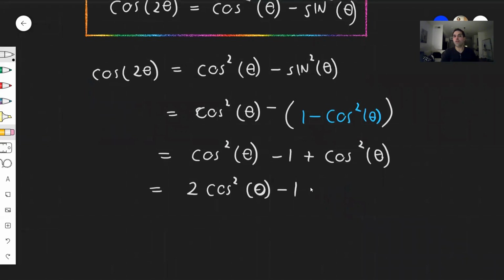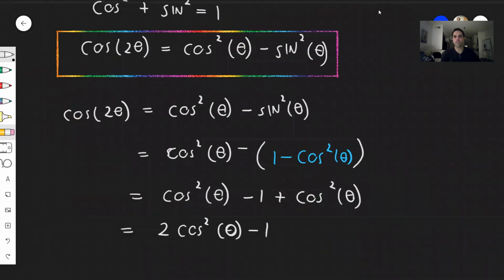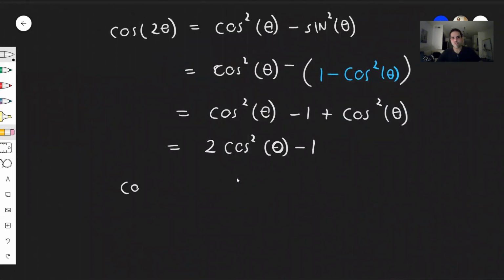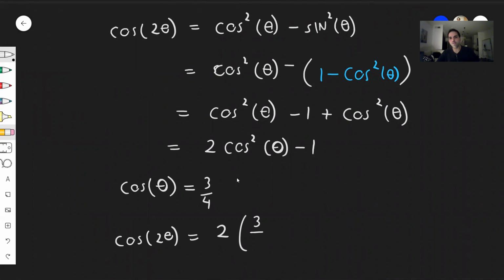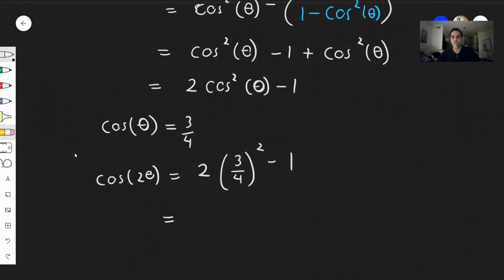But great, so how does that solve the problem? Well, remember cosine of theta was 3/4, so you just plug this in. Cosine of 2 theta equals 2 cosine squared of theta minus 1, so 2 times 3/4 squared minus 1. You simplify that, so this becomes 2 times 9/16 minus 1.